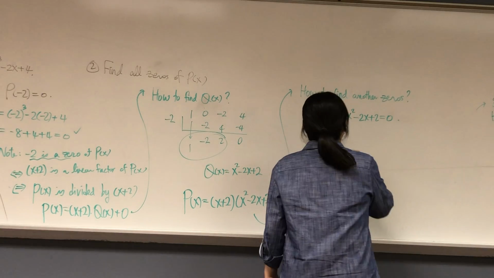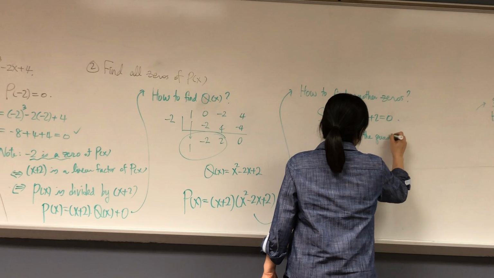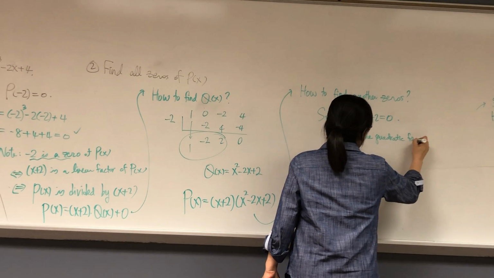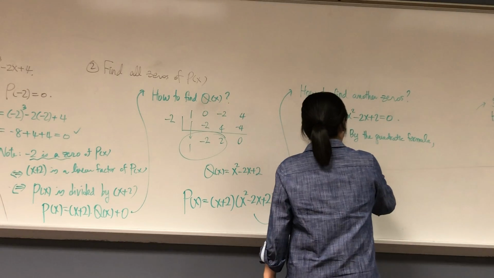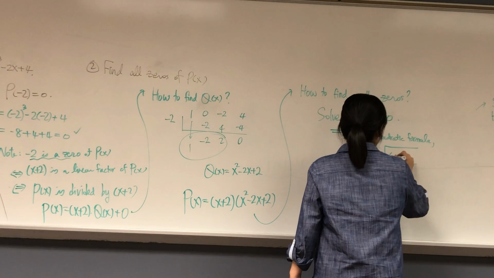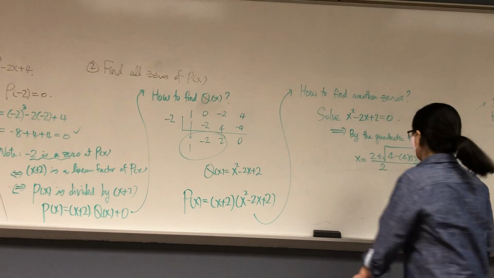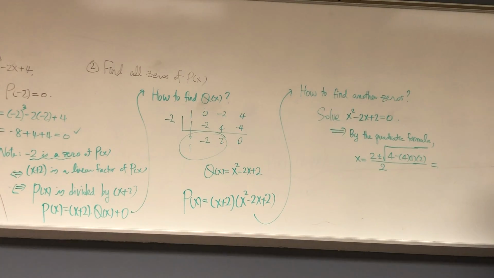The quadratic formula: negative b plus or minus the square root of b squared minus 4ac all over 2a. Always clean up inside first. What is inside? Four times one. So 4 minus 8.